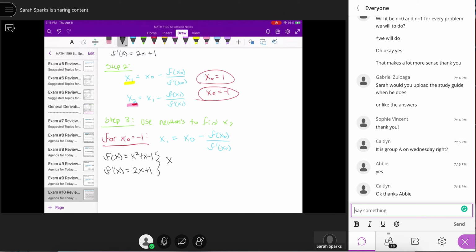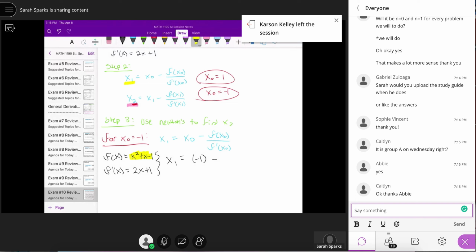So we're going to have x1 is equal to -1 minus, and in this equation, we're going to plug in -1 everywhere we see an x.